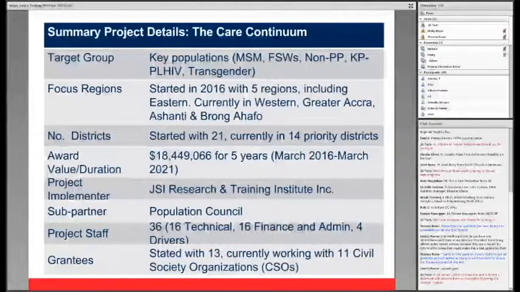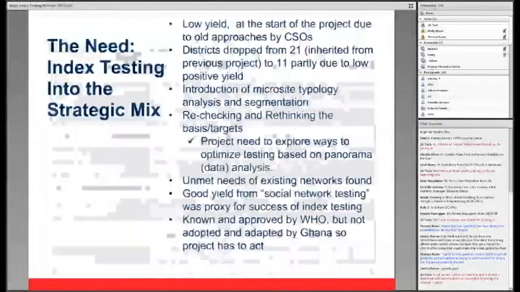Among the key objectives that I would like us to remember is the increase in access, uptake and retention in HIV continuum of care services, which has been a relatively new objective for the entire country. Among the key strategies we have is integration of services and focus on referrals to achieve the 90-90-90 targets.